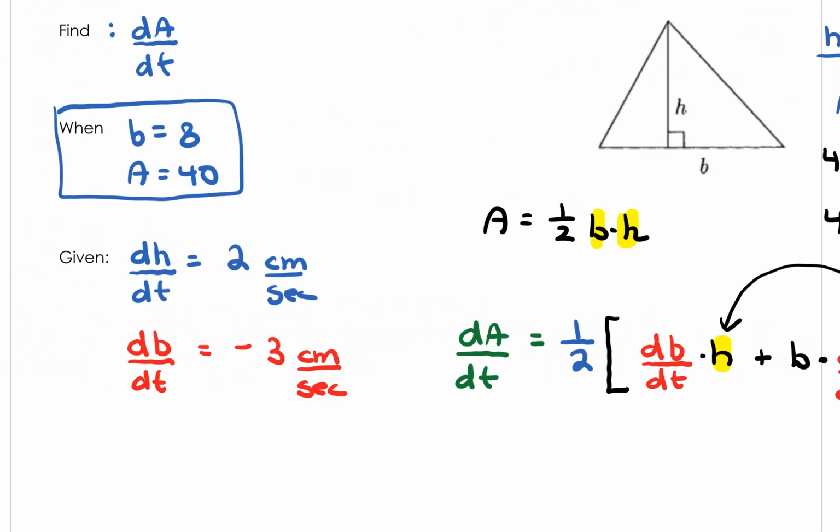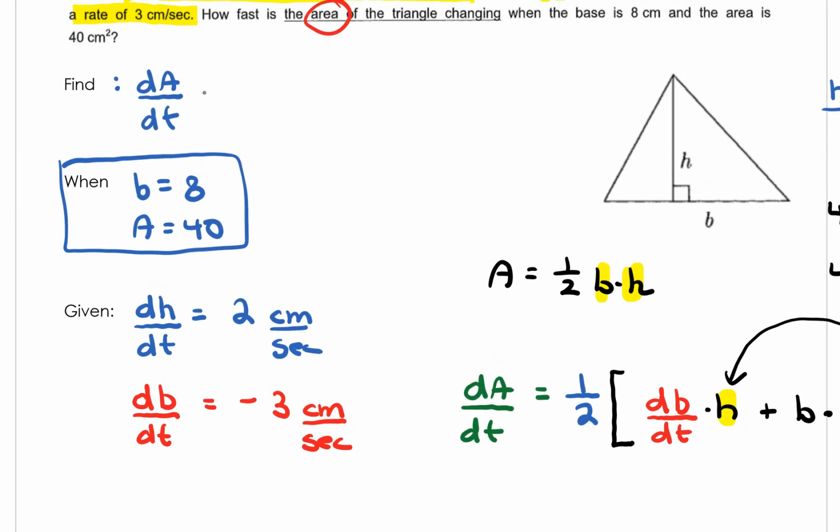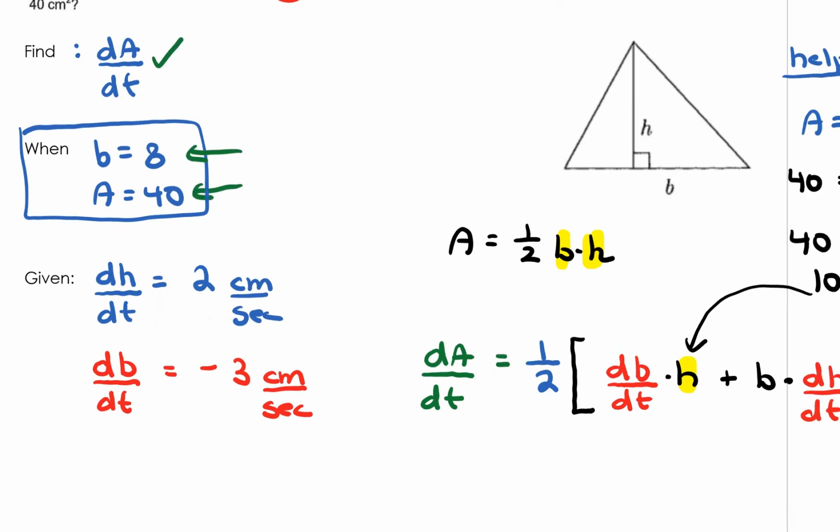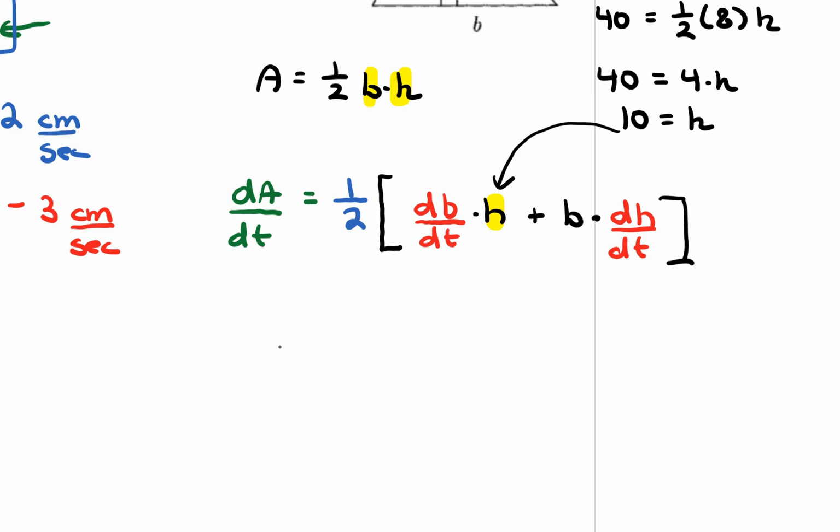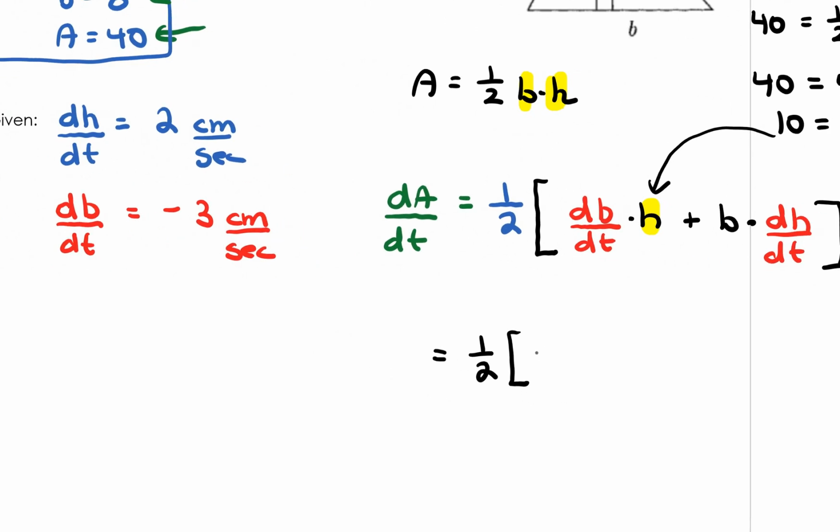Okay, so once again, we want to find how fast the area is changing under these parameters, and after that we can plug in the given rates here. So if we go ahead and do this, we have 1/2 bracket, and the base is changing at a rate of -3 centimeters per second. The height was 10. The base in this problem is going to be 8, and dh over dt is going to be 2.